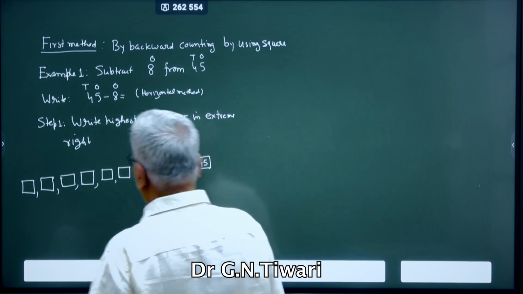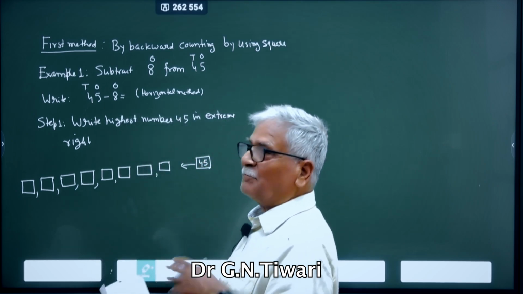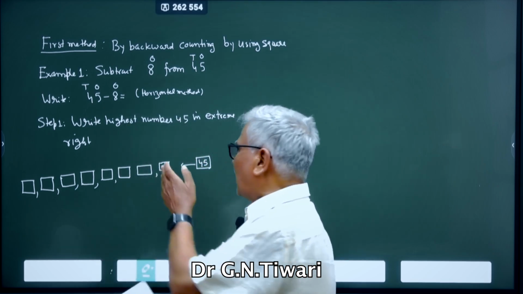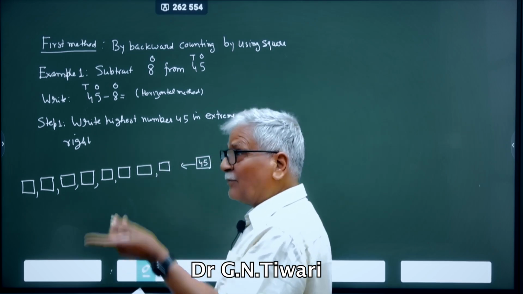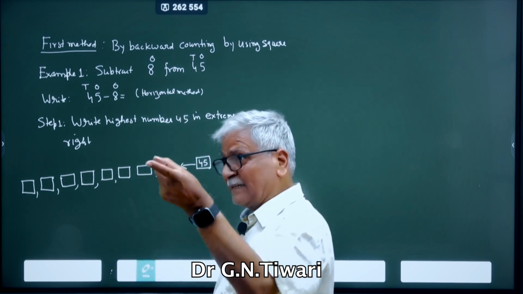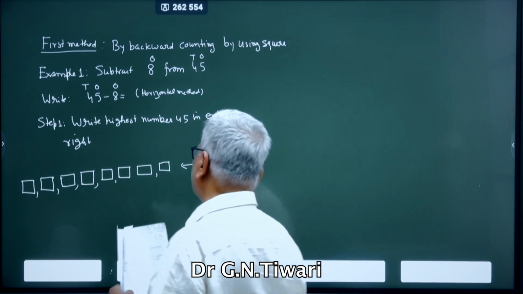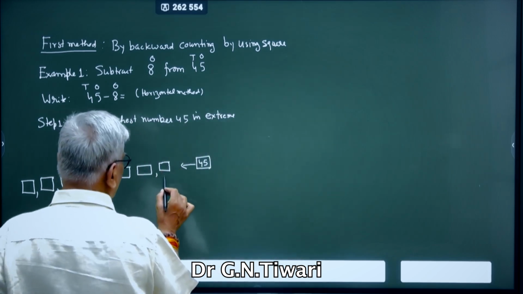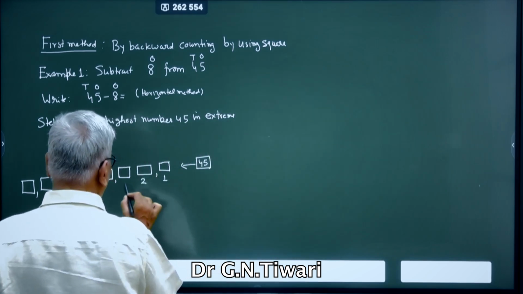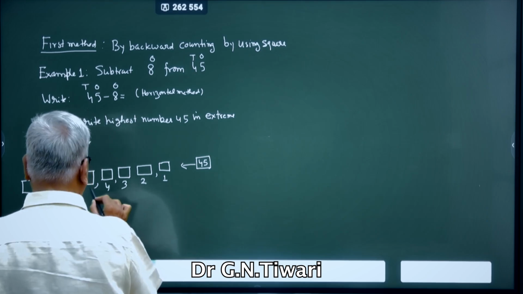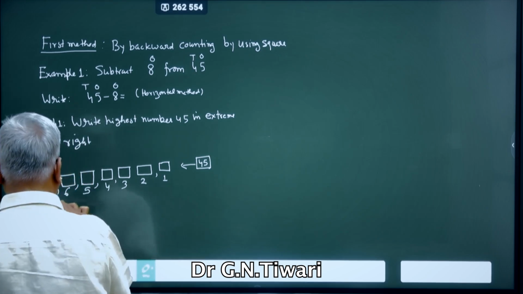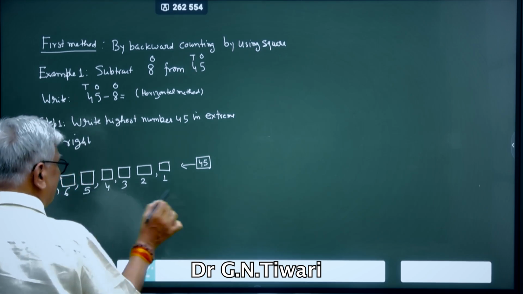The question should be clear. Now if you have backward counting, it means before 45. As I have already explained, before 45, just write 1, 2, 3, 4, 5, 6, 7, 8, because 8 you have to subtract.